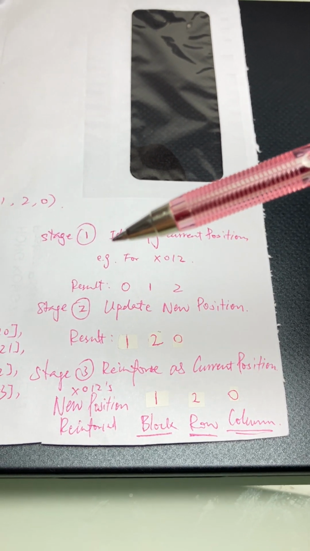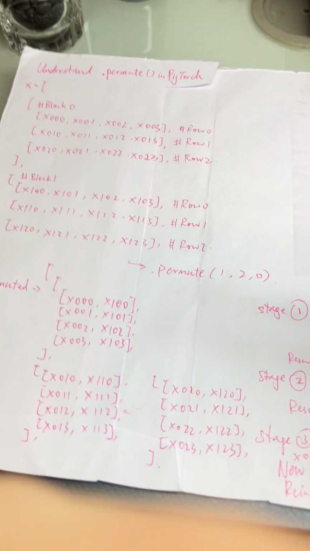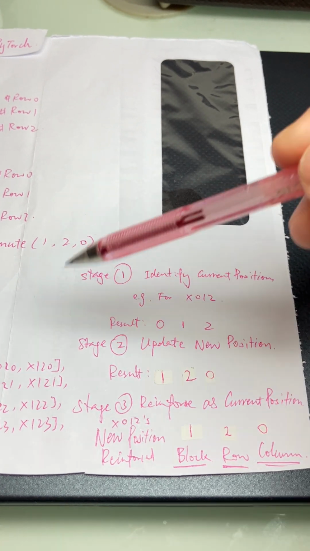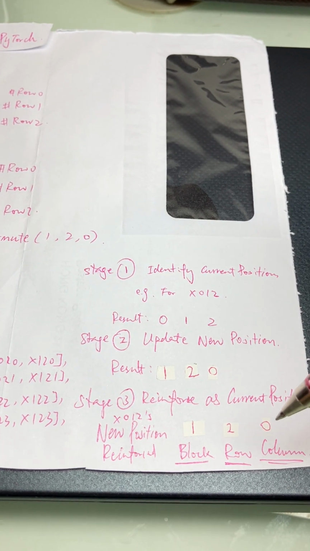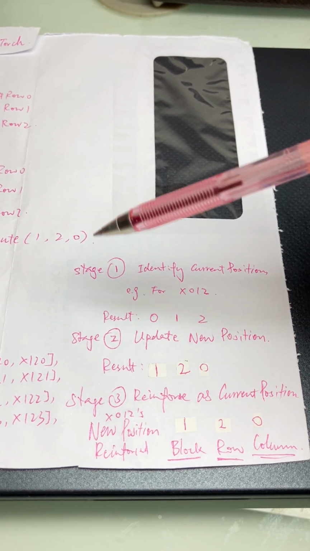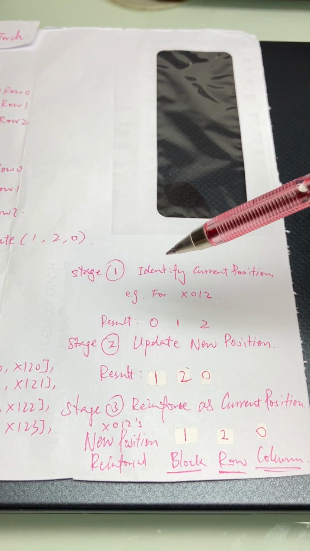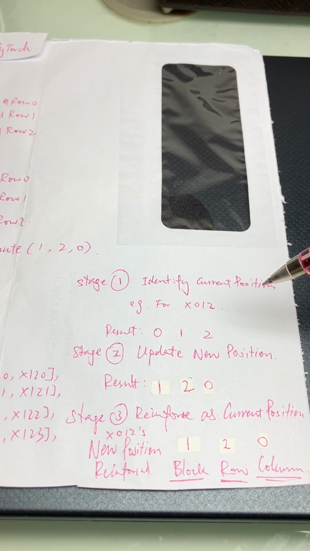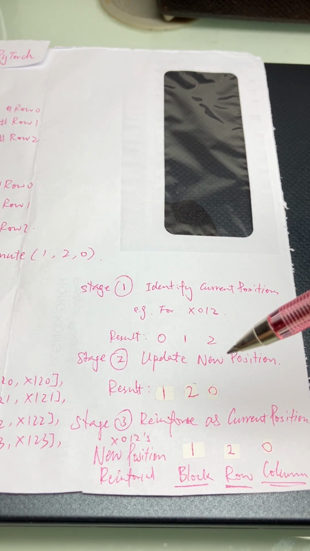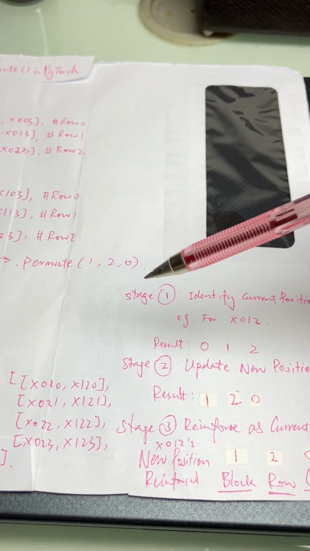So we can basically just handwrite all the answers one by one and follow these 3 stages of looking for the newly updated tensor. So let me recap again. For the first stage, we identify the current position of a specific value, and then we update the new position according to our requirements in the permute.